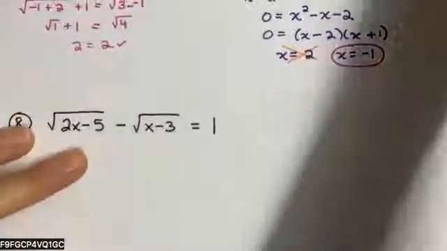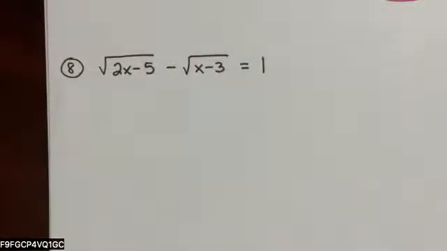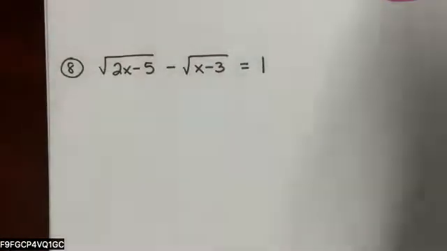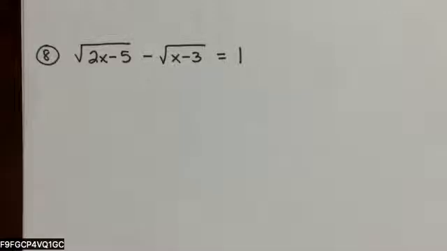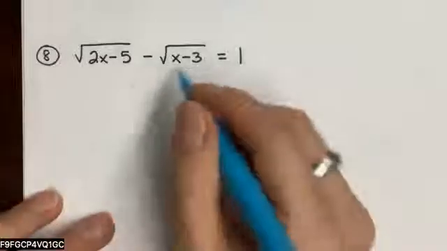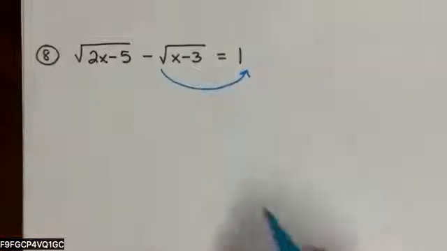In fact, let's just make it one more step funner, and then we'll call it good. If you have 2 radicals on the same side, you cannot do it like this. You really can't. You don't want to. If you have 2 radicals on the same side, you have to split them up.